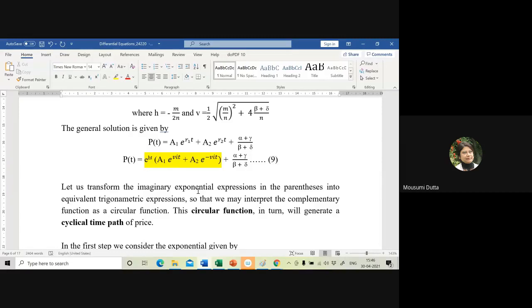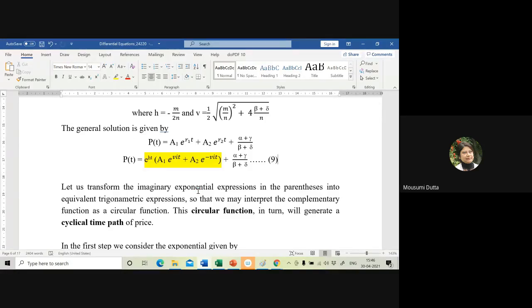So what I am telling is, if the sign of h is negative, then the time path will be convergent in nature, otherwise it will be divergent. So this is a big thing, and when we convert it with the help of trigonometry, it will be in terms of sine theta, cos theta, etc. Whatever be the thing, convergence will depend on the term h.